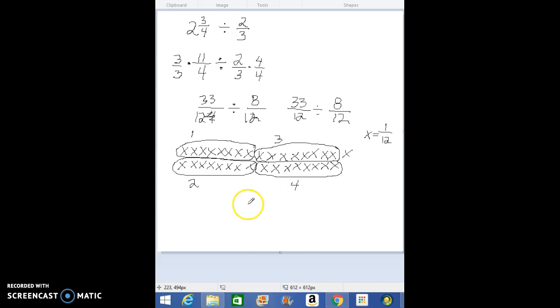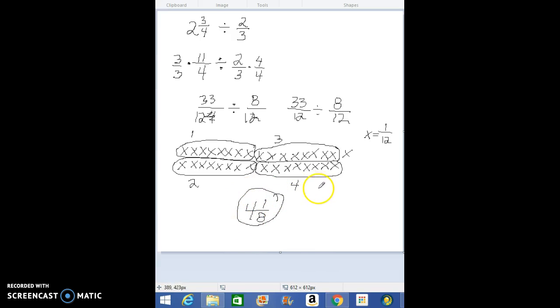There's 4. So I can get 4 groups, and I've got this 1 left over. I need 8 to make another group. So I have 1/8 of a group. I can make 4 whole groups and 1/8 of another group. Right? And there's my quotient.